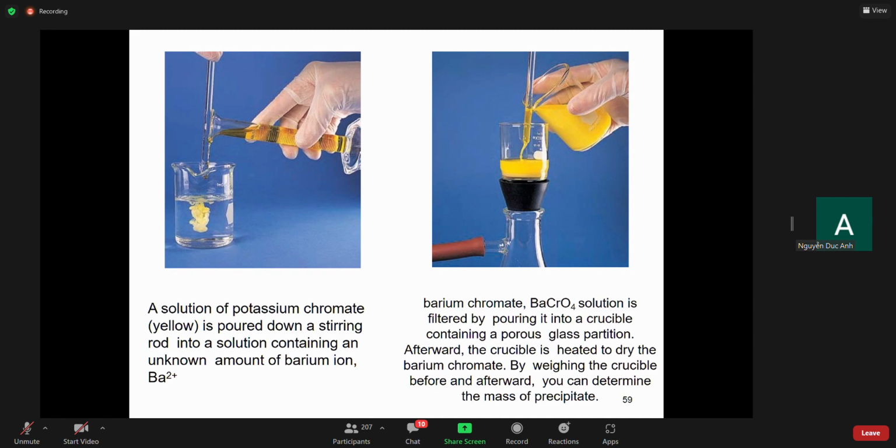In terms of the experiments, normally you will add some known material to the unknown, and by that you prepare a precipitate. After the precipitate appears, we filter the precipitate, dry it, and weigh it.